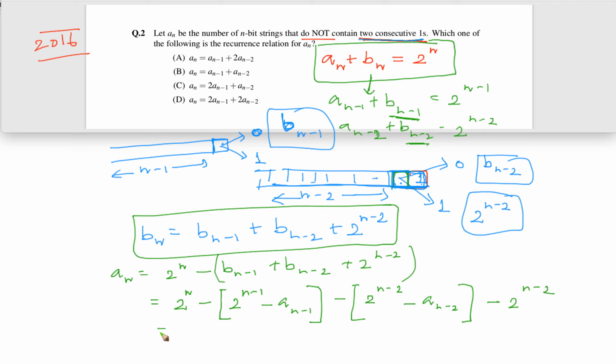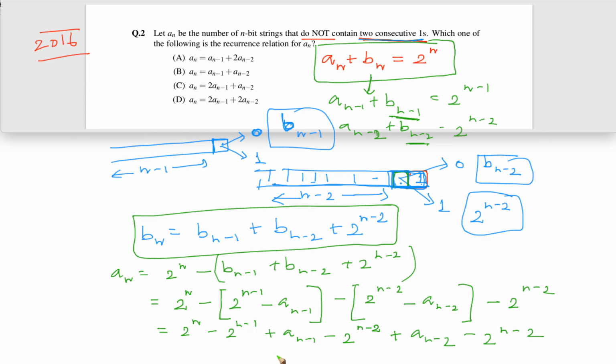Okay, so let's simply expand it. So 2 raised to the power n minus 2 raised to the power n minus 1 plus a n minus 1 minus 2 raised to the power n minus 2, so this is 2 raised to the power n minus 2 plus a n minus 2 minus 2 raised to the power n minus 2.